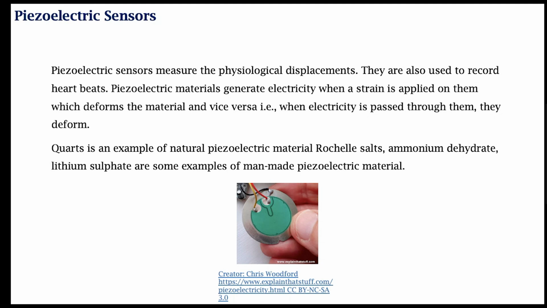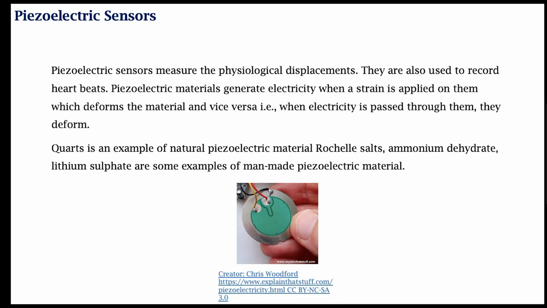But here we restrict our attention to sensors, which are materials that develop an electric field or generate electricity when we subject them to mechanical loads. So this is the piezoelectric principle.